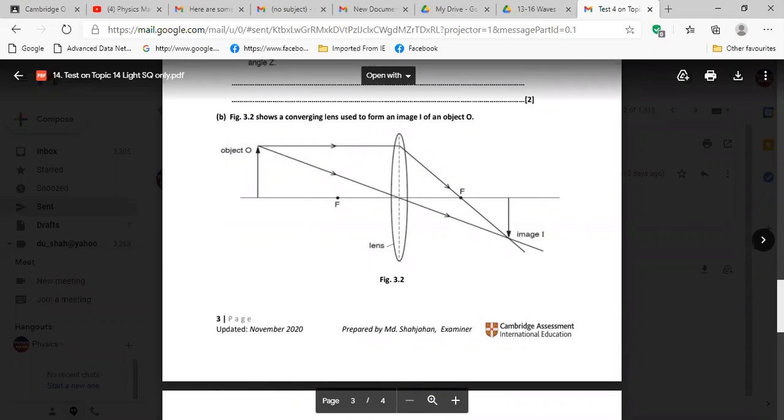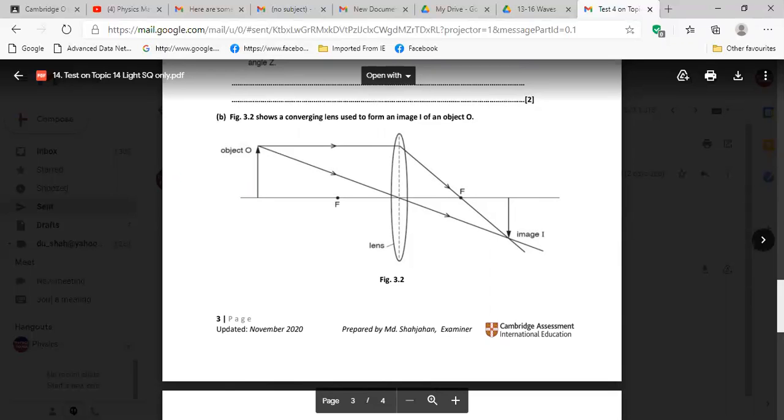Then we got it for projector. And finally, we got it for magnifying glass, right? Isn't it? Yes, sir. Okay, so therefore all the diagrams you got properties of image, right?